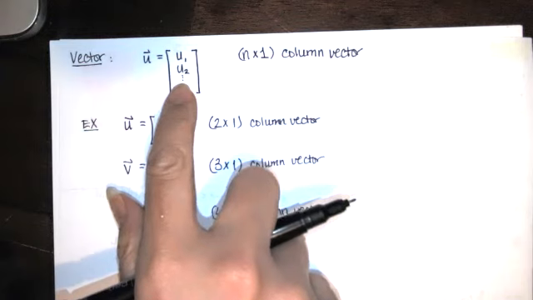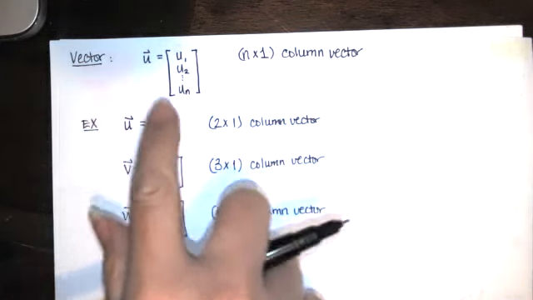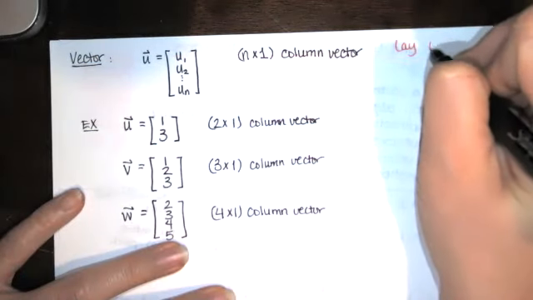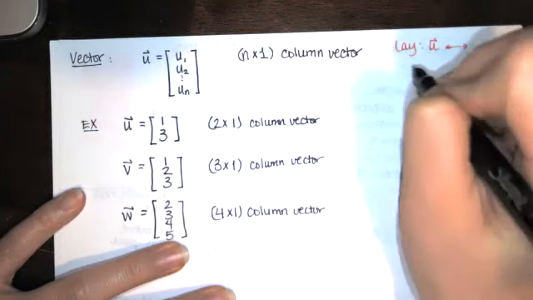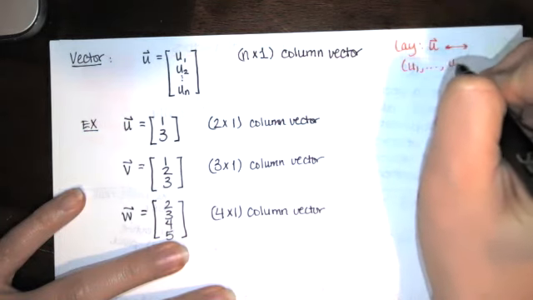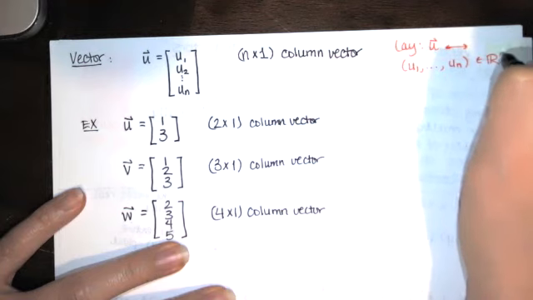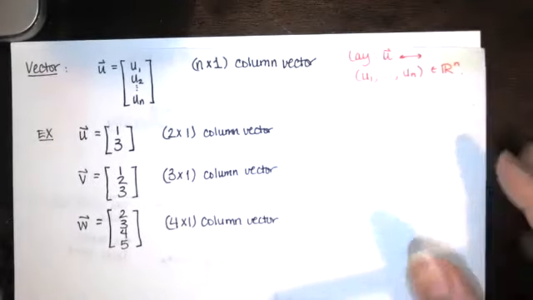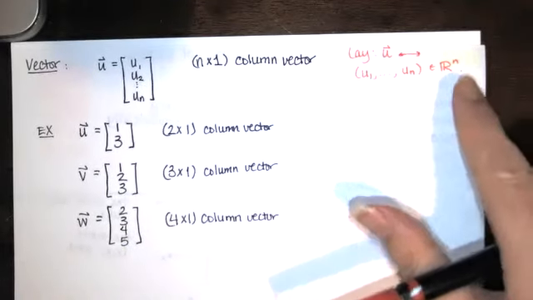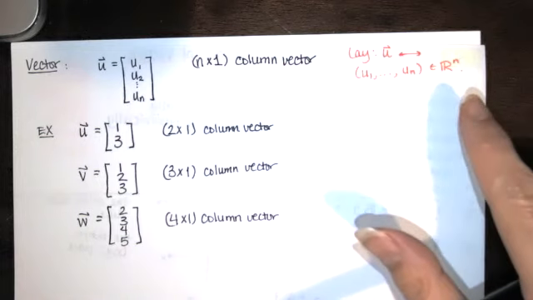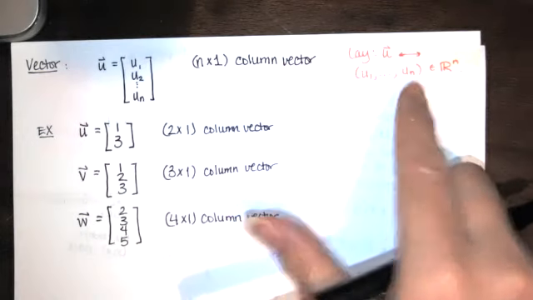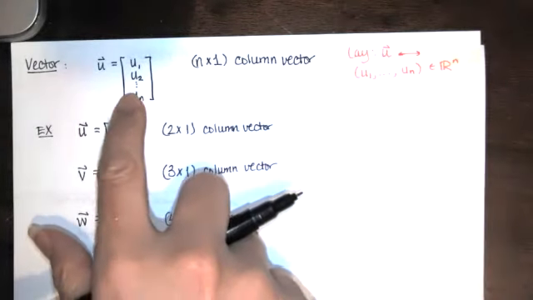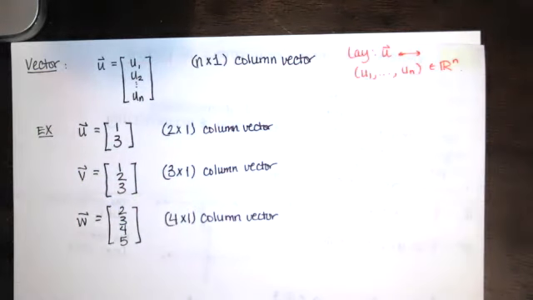This, according to Lay, corresponds to the point u sub 1 through u sub n in n-dimensional space. So when he talks about R^n, he's not talking about the set of all ordered n-tuples, or, well, he is talking about the set of all ordered n-tuples, but he's associating every point in n-dimensional space with a particular vector, rather than thinking of a vector as starting at the origin and pointing to that particular location.